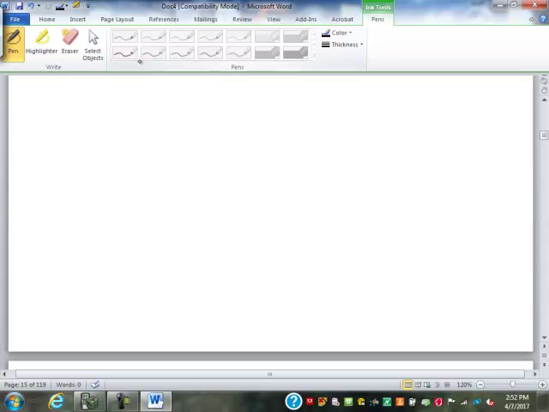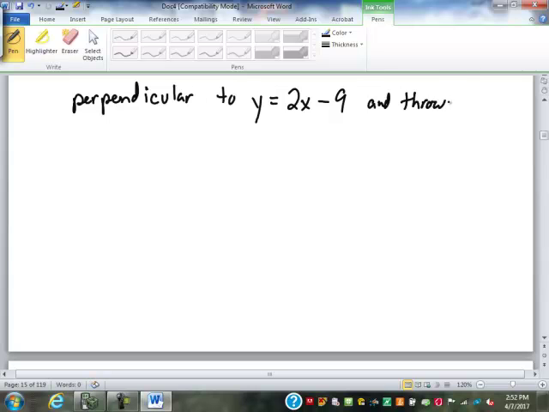So once again, find the equation of the line that is perpendicular to y equals 2x minus 9 and through the point 6, 2.